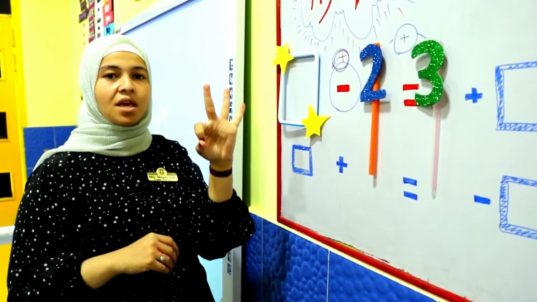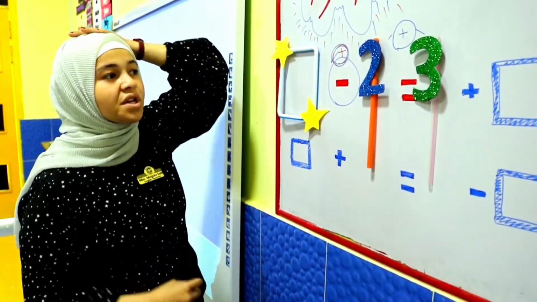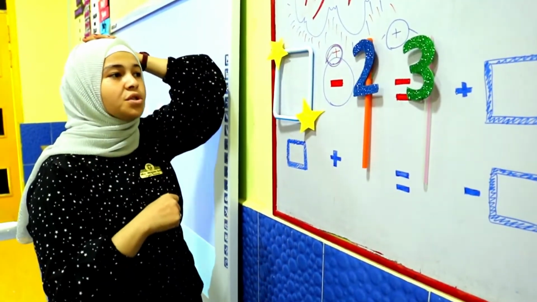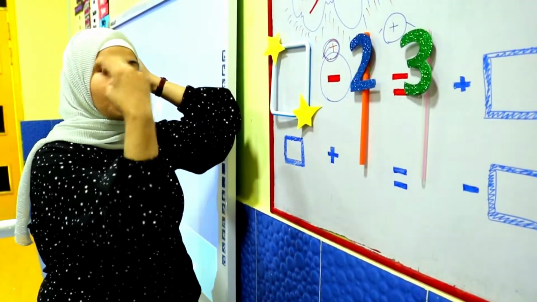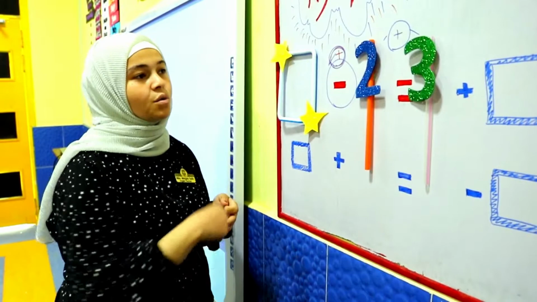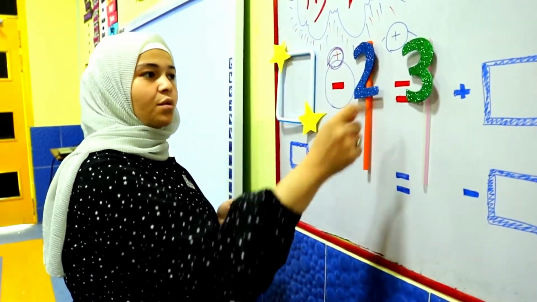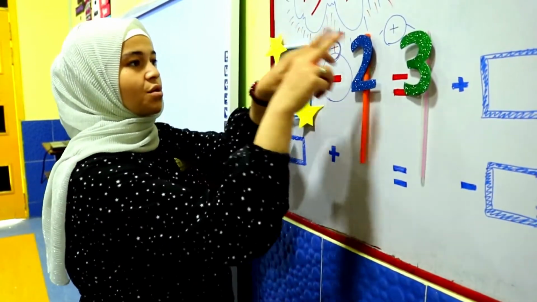Okay, which is the bigger number here? It's 3. So put 3 in my mind. And which is the smaller number here? It's 2. Put 2 on my fingers and count after. After 3, 4, 5. Let's solve it once again. Which is the bigger number here? 3. Which is the smaller number here? 2. You can solve it as minus or as plus.